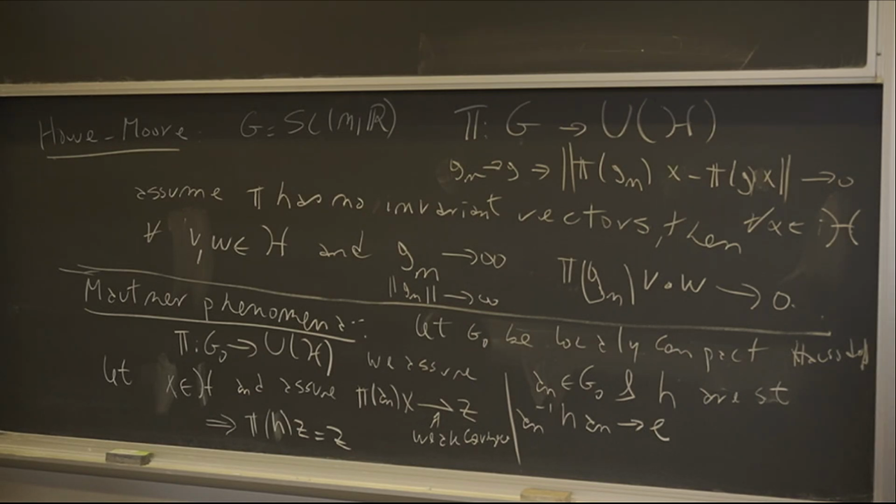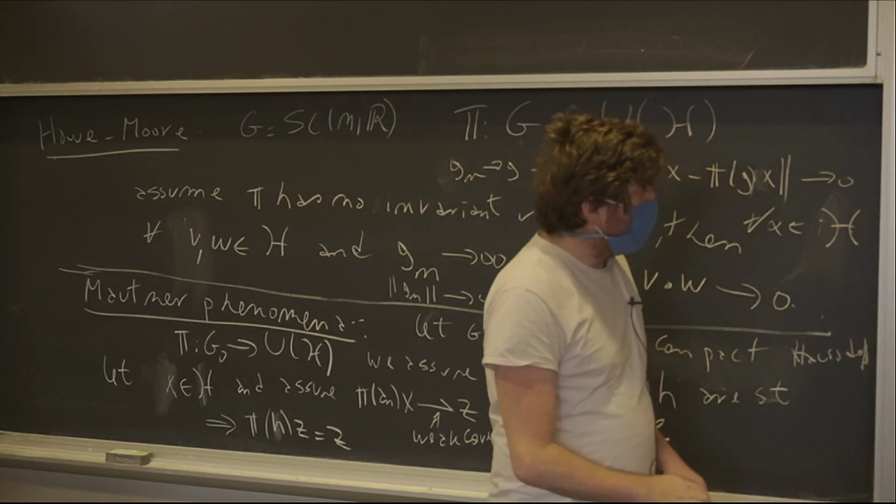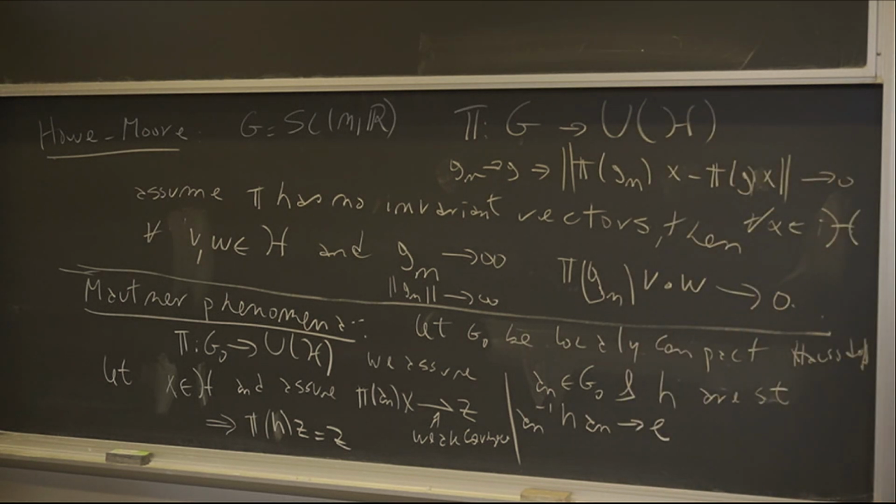In norm it goes to 0 because it's a unitary operator, so this is just taking pi of a_n inverse.